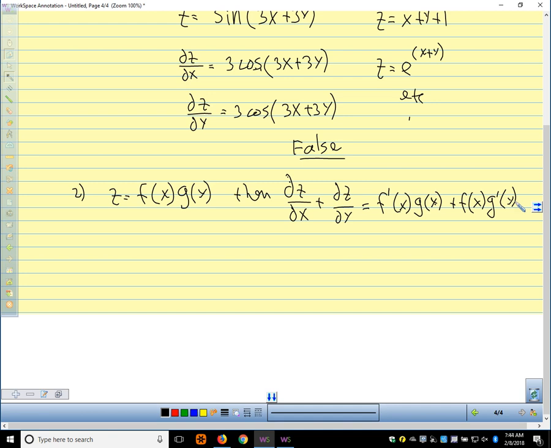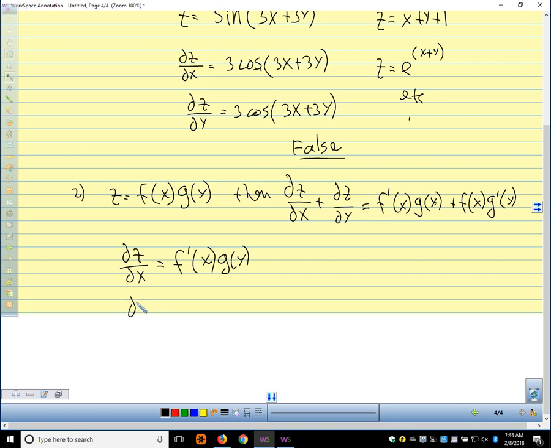Well, let's take some derivatives. Let's derivify. What's the partial of z with respect to x? Isn't it f prime of x times g of y? g of y is a constant because that's just a function of y.